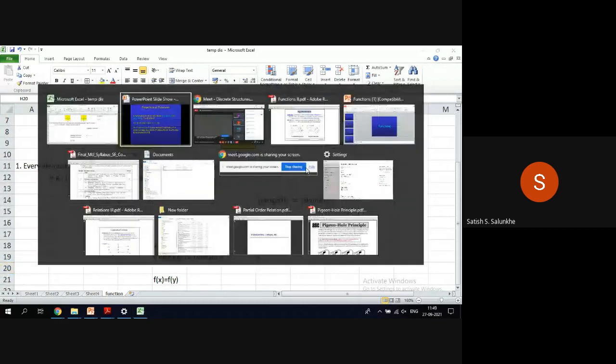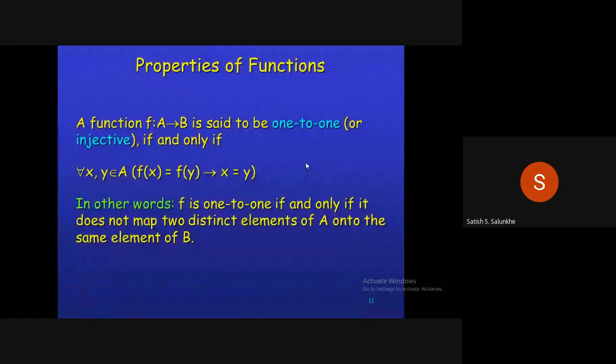To have a one-to-one function, f is one-to-one if and only if it does not map two distinct elements. This is the key word. Two distinct elements of domain into the same element of codomain.